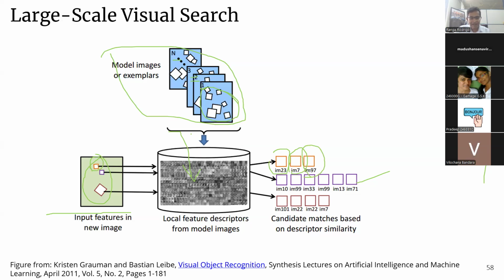And if you take the purple feature, it will tell you, okay, these images have that feature. If you take the maroon feature, it will tell you, okay, these images have that feature. So based on that, you can pick the candidate images that match the original image, right? Because you have the inverted index. So I hope you can see the value of that inverted index.